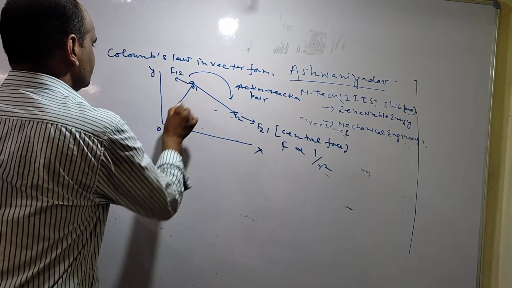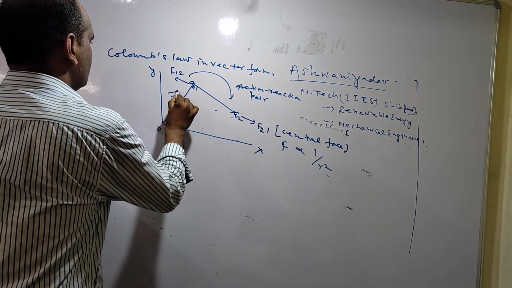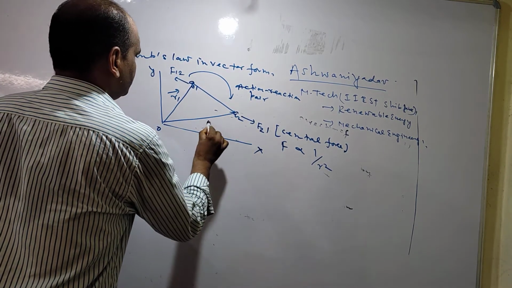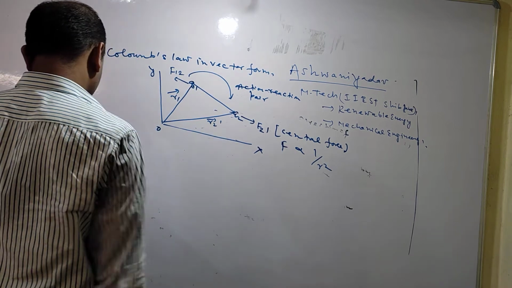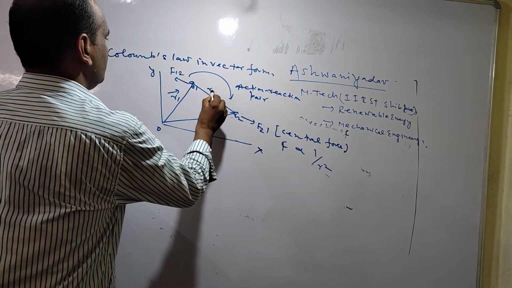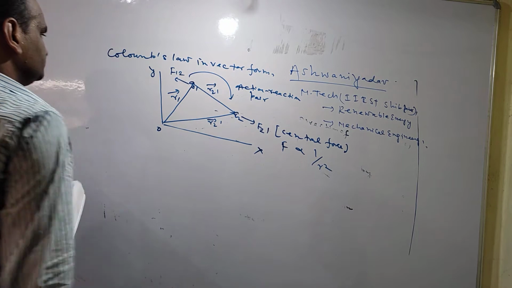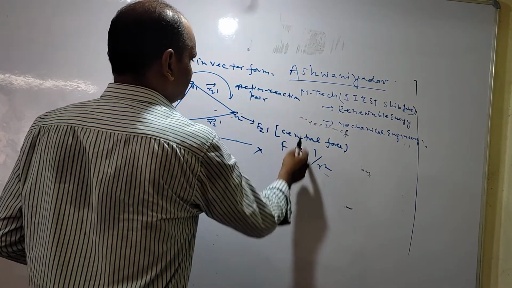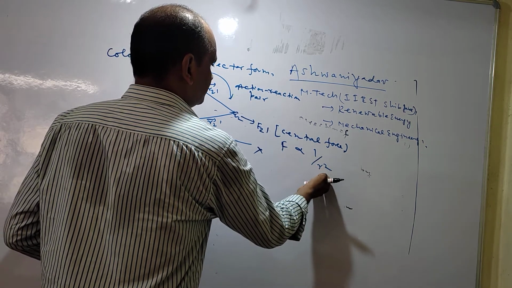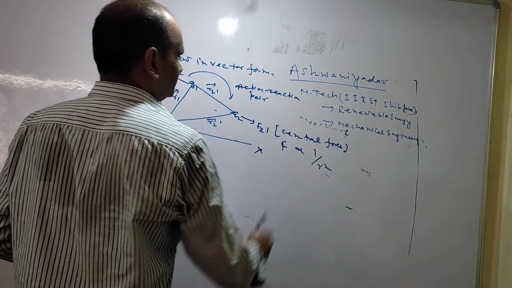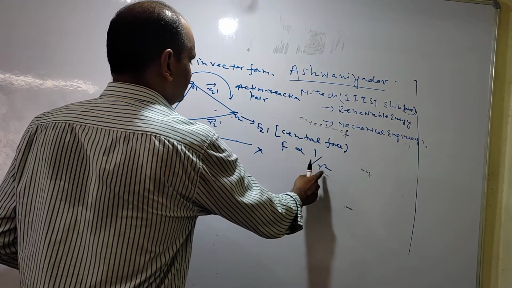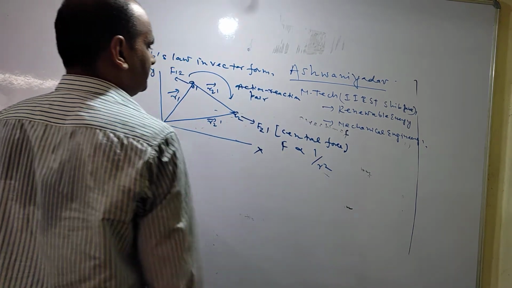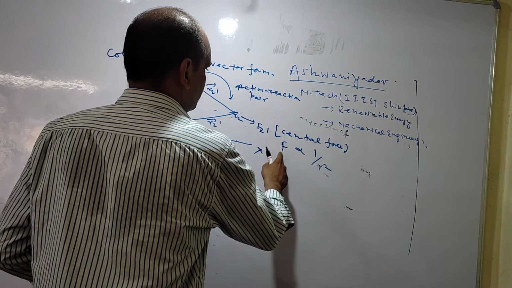Its position vectors are r1 and r2, and this is r21. These are central forces diminishing with distance like 1 by r square. When you increase the distance, the force will reduce.